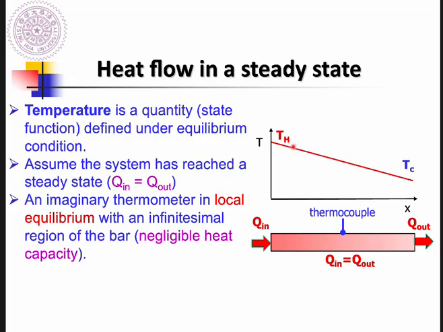So if I focus on this location, the state function, which means the temperature here, does not change with time, but it's different from this other location. But at this specific location, local thermodynamic equilibrium happens because the state function does not change with time. The state function here means the temperature.